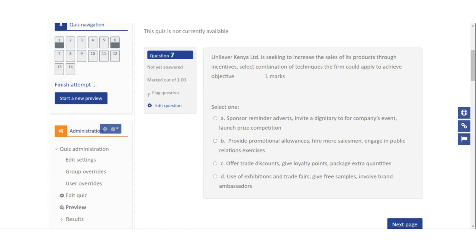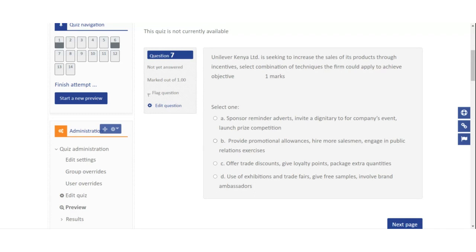Offering trade discounts targets resellers as well. Giving loyalty points targets ordinary customers. Packaging extra quantity also targets ordinary customers. Use of exhibitions and trade fairs, giving free samples, targets ordinary customers.